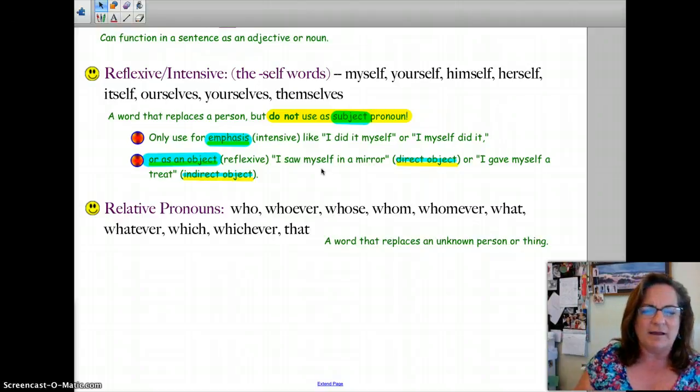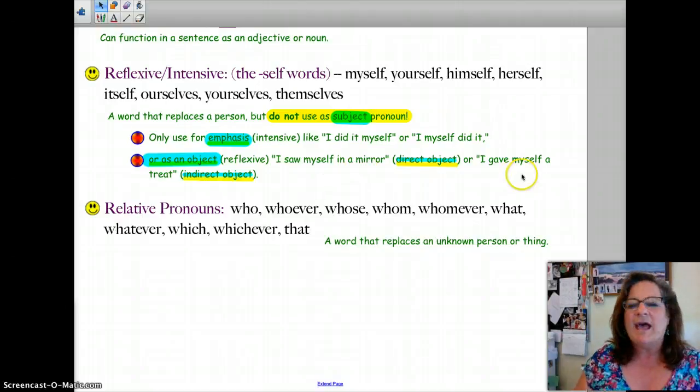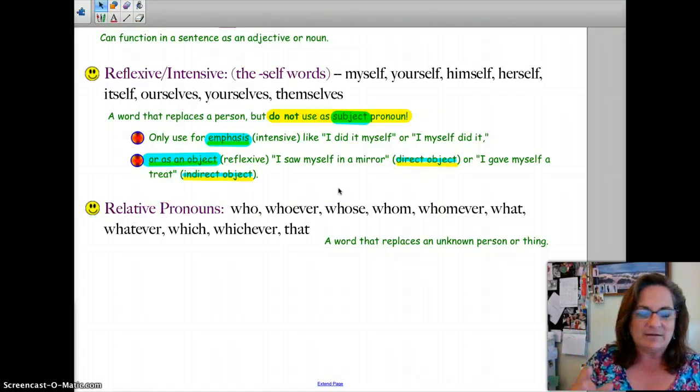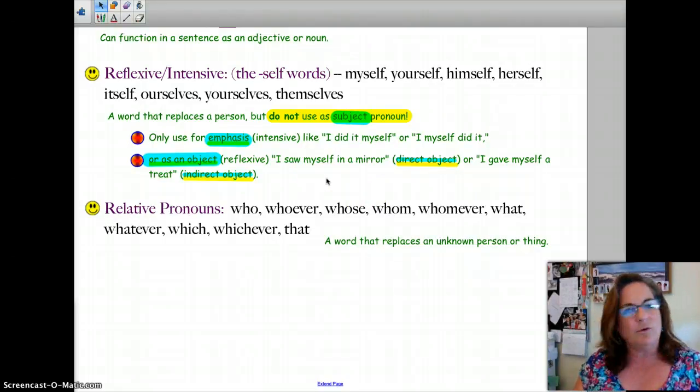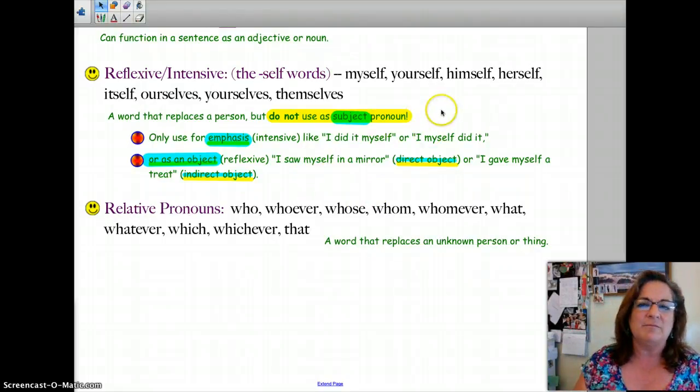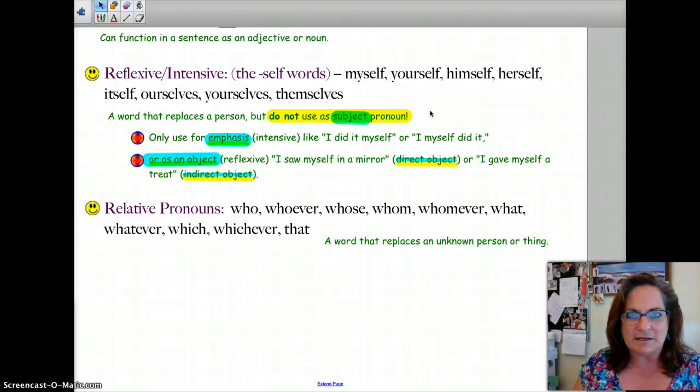And I think you know that. That sounds normal, right? And then I gave myself a treat, or I gave myself a pat on the back, or I gave myself a black eye when I knocked into that thing, right? So you actually use these correctly most of the time, but when in doubt, don't go with the self words, because you're probably making this error here and saying, Joe and myself are going to the store. Oh my gosh, it sounds like you're split personality.